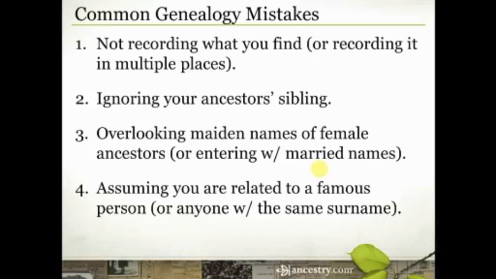And so let me just caution you that just because somebody has the same last name as you does not mean that you are related to them. And that's not just the case for common names, right? Common surnames like Jones or Williams or Smith, you may have already come to that conclusion that you're not related.